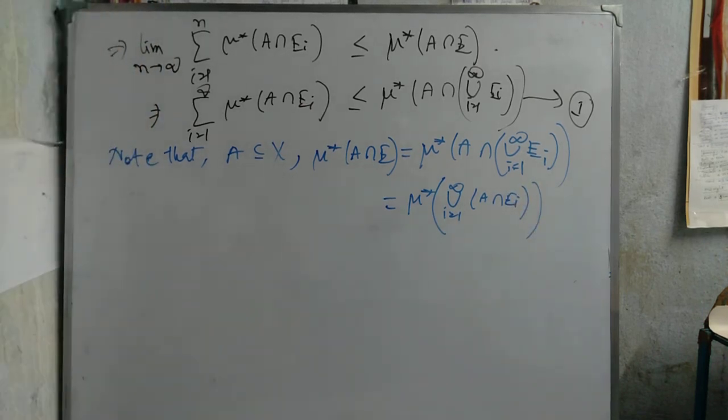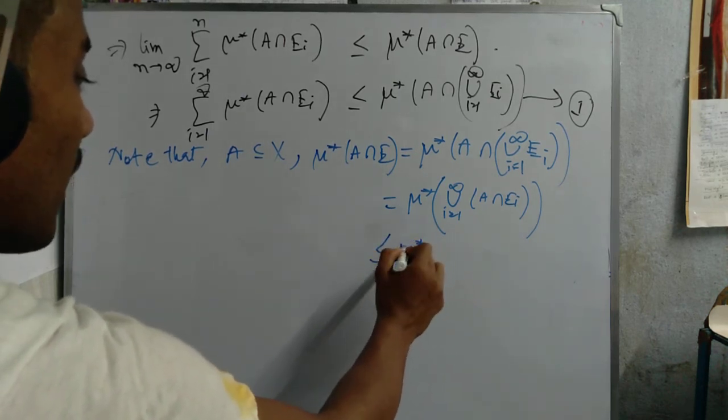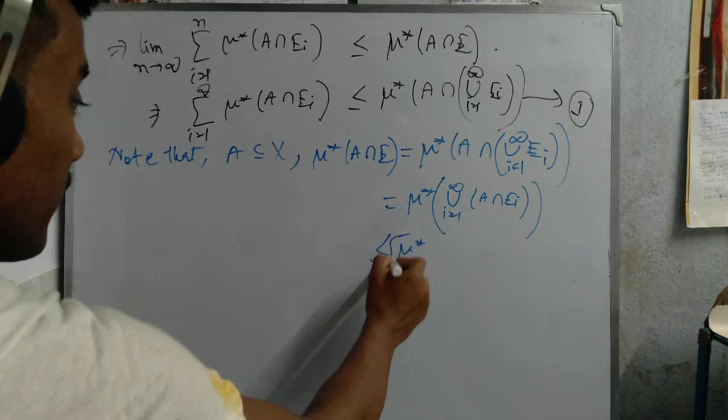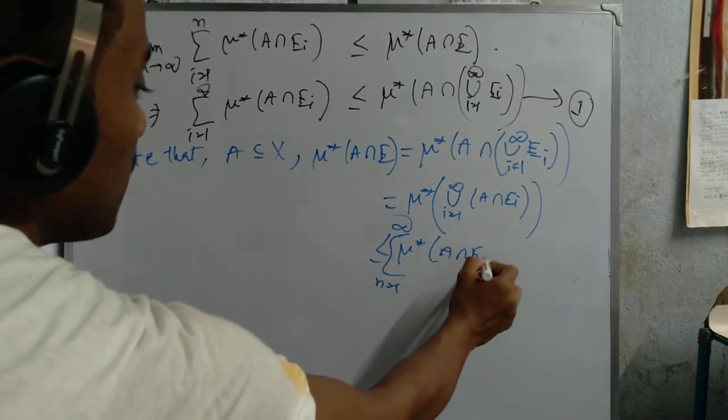Yes or no? Yes. Then this is less than or equal to the sum over i equal to 1 to infinity of mu star of A intersection E_i.